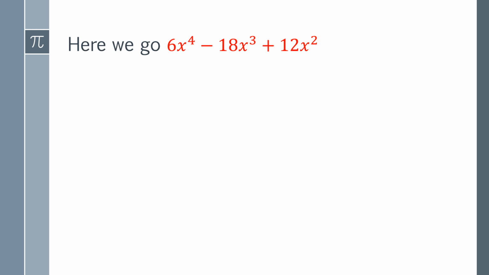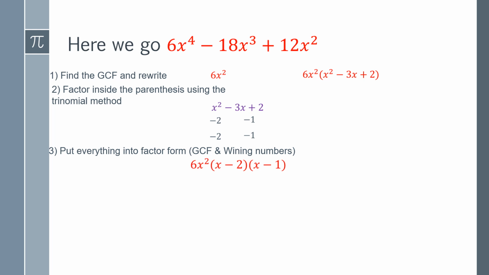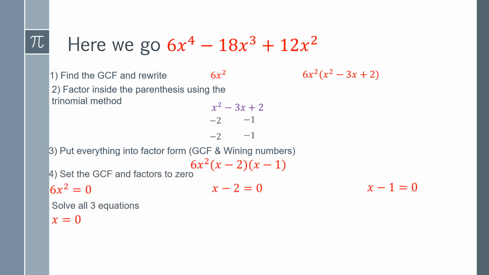So let's try it. Did you write the greatest common factor to be 6x squared? Did you factor this out? Did you get this as your factor? Now, did you set all three of these to 0 and solve for x for each one?